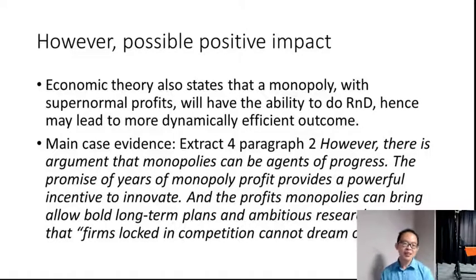So the main case evidence you should use is extract 4, paragraph 2. I'll let you read the slide while I take a drink of water. So you can see that this paragraph states that the profits can be a powerful incentive to innovate.